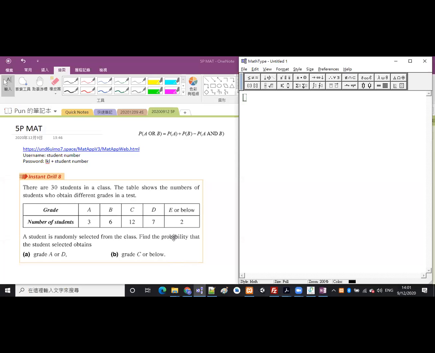In part A, the question asks to find the probability of grade A or grade D. When you see the keyword "or", you will split them into P(grade A) plus P(grade D), and then minus P(grade A and grade D).